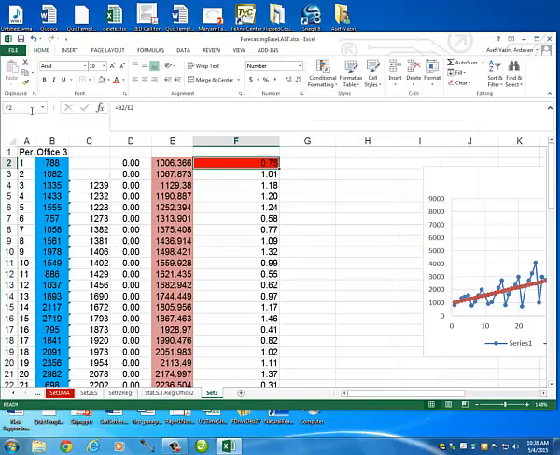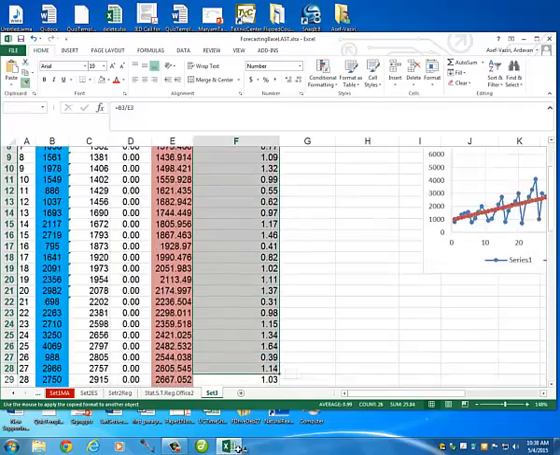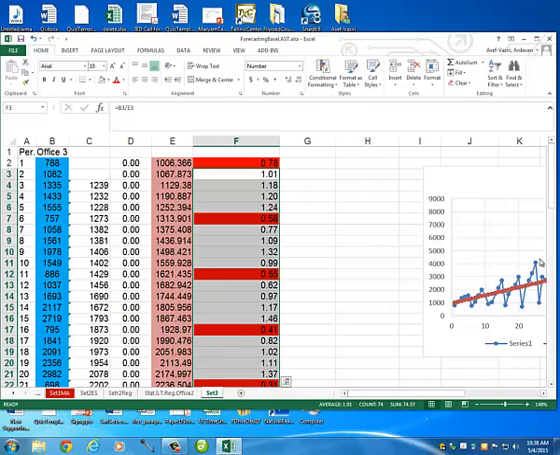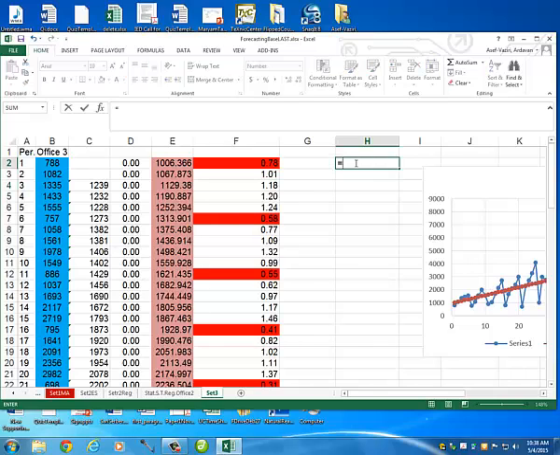Now it is red, and I go and paint the format and copy it down. Now all period ones are red. So now what I can do, I can say equal to average. Now it is easier to mark these numbers.